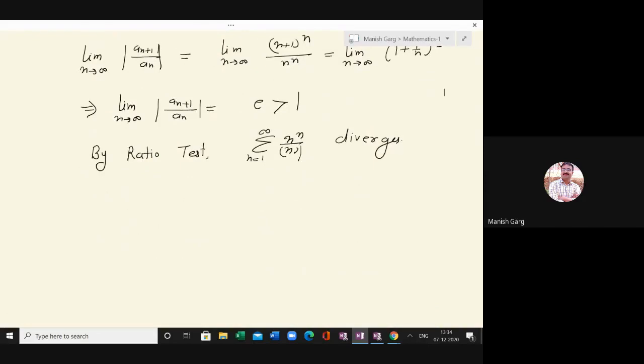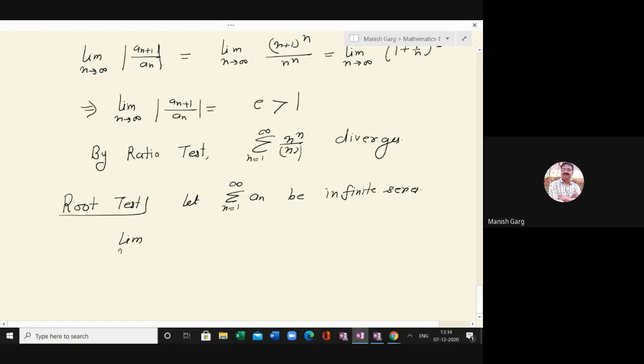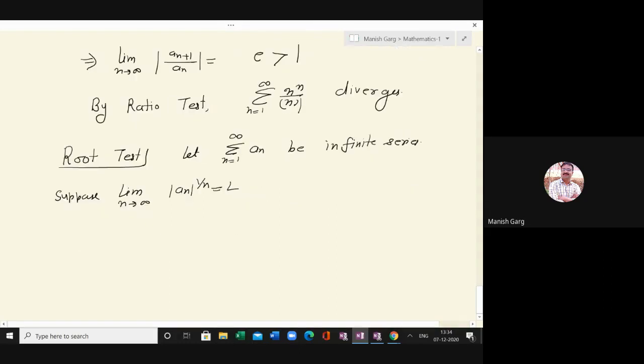Any other doubt? Okay, now there is one more test, the root test. What it says: let the sum from n equals 1 to infinity of a(n) be an infinite series. Suppose the limit as n tends to infinity of mod a(n) raised to power 1 by n is equal to L. Find the limit of mod a(n) raised to power 1 upon n.